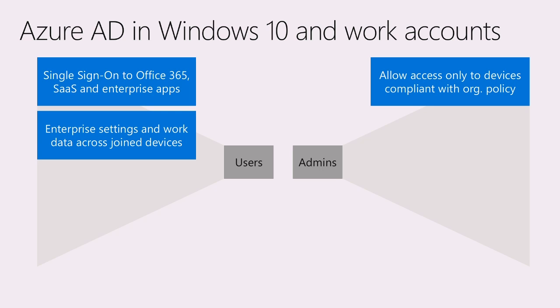Now, one of the things that we added in Windows 10 was this enterprise roaming of settings, which is basically the ability for you as a user to bring themes and settings from one device to another.